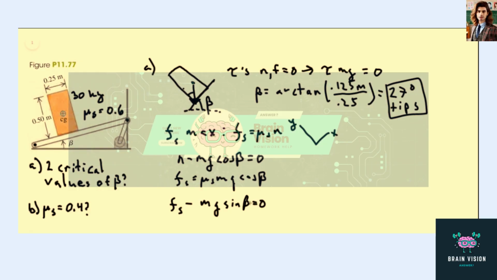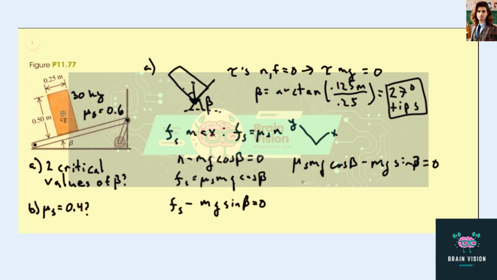Right. And so we have two expressions for the friction force, and so a thing minus itself has to equal 0. So mu sub s mg cosine beta minus mg sine of beta equals 0.